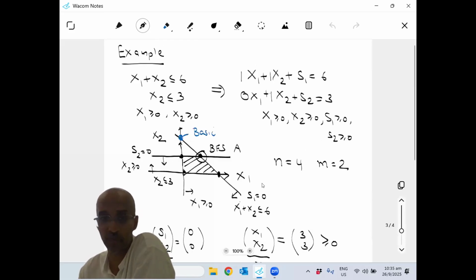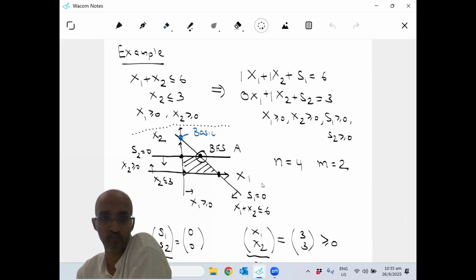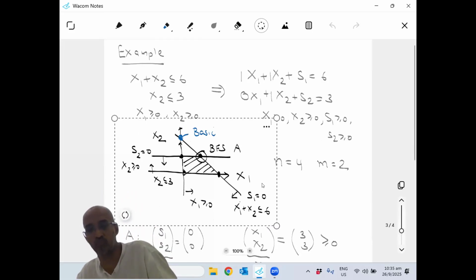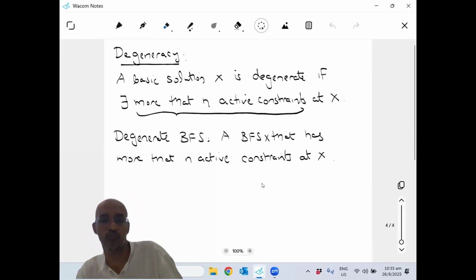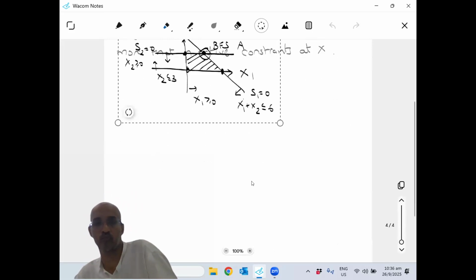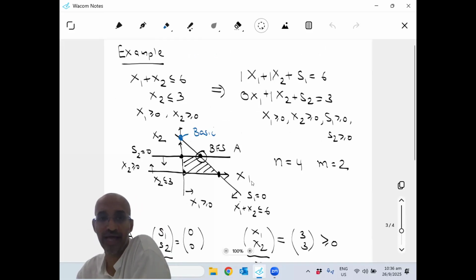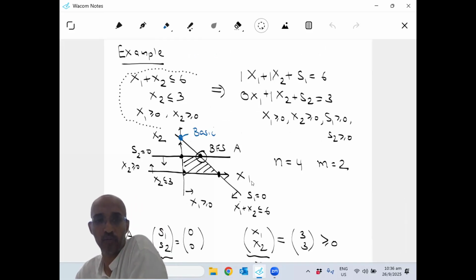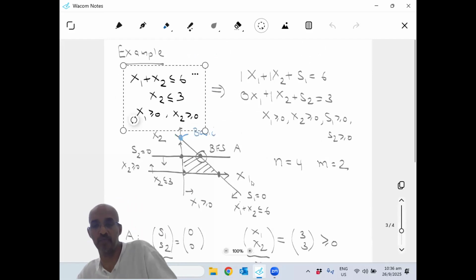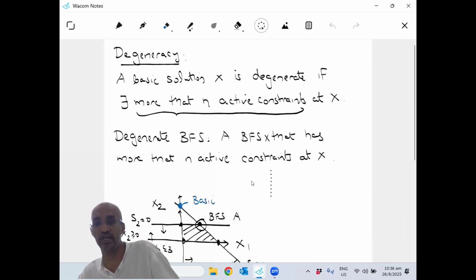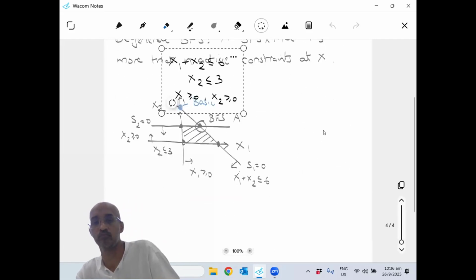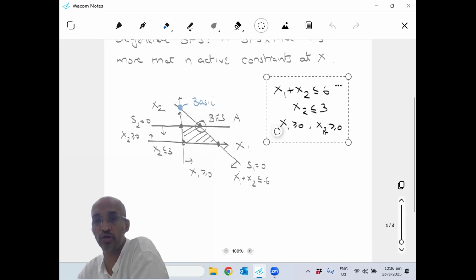Okay, let's go back to this example. Let's take the same LP, except now I'm going to slightly modify it.